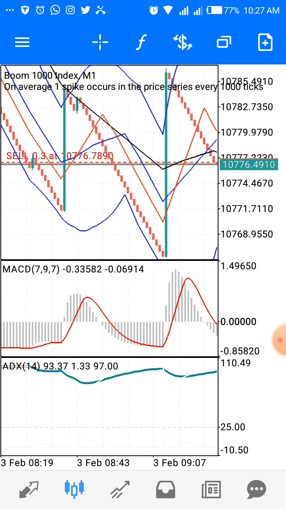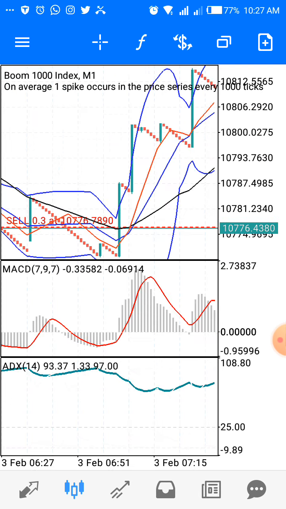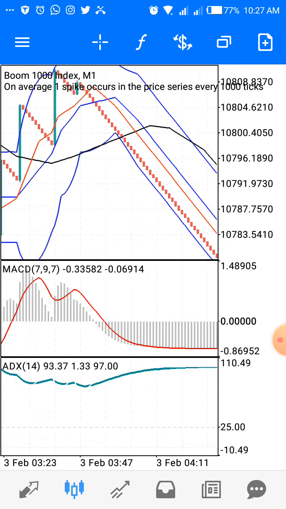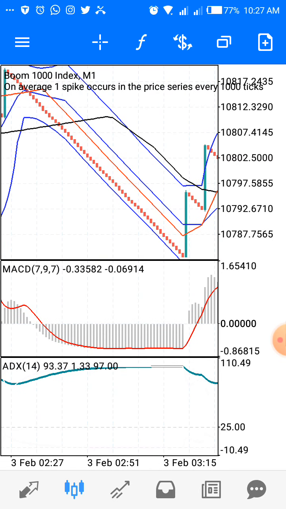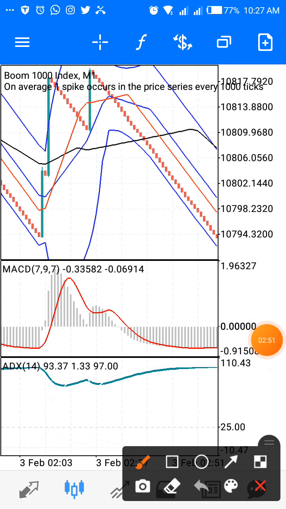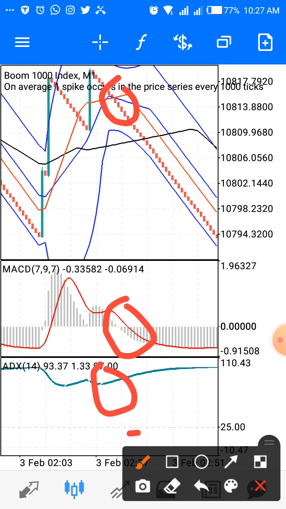So if you also check here, this thing always repeats itself. Look at what happened here. Look at our middle Bollinger Band cross, and look at our MACD was supporting that, showing a downtrend, and our ADX was above the 25 line.